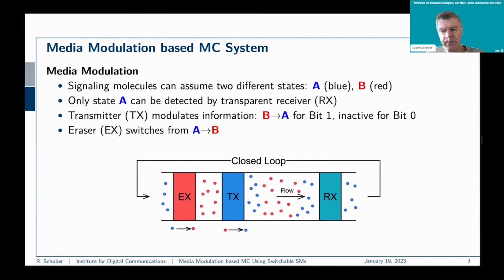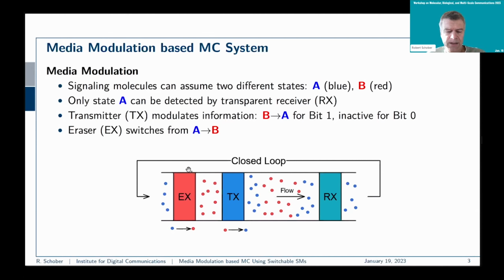And it can remain inactive if a binary 0 is to be transmitted. So this is an on-off modulation. And here we have an additional unit that we call an eraser. And this eraser can switch the molecules back to the original state.